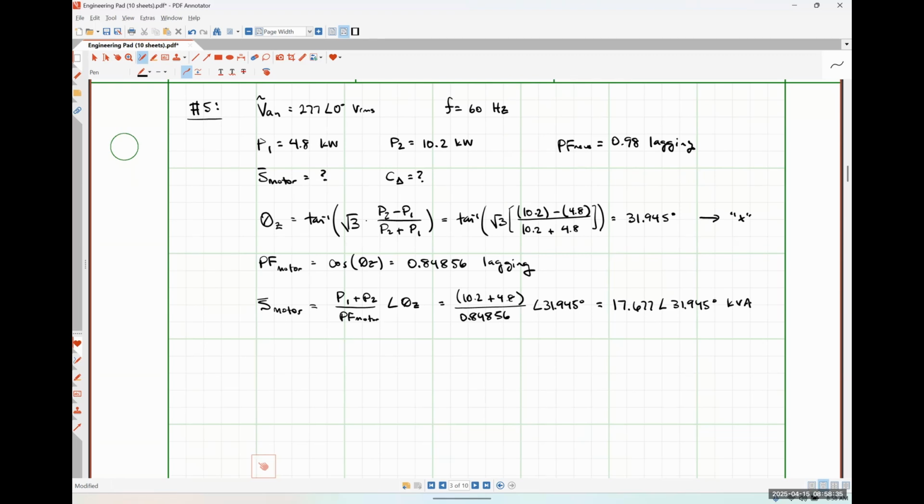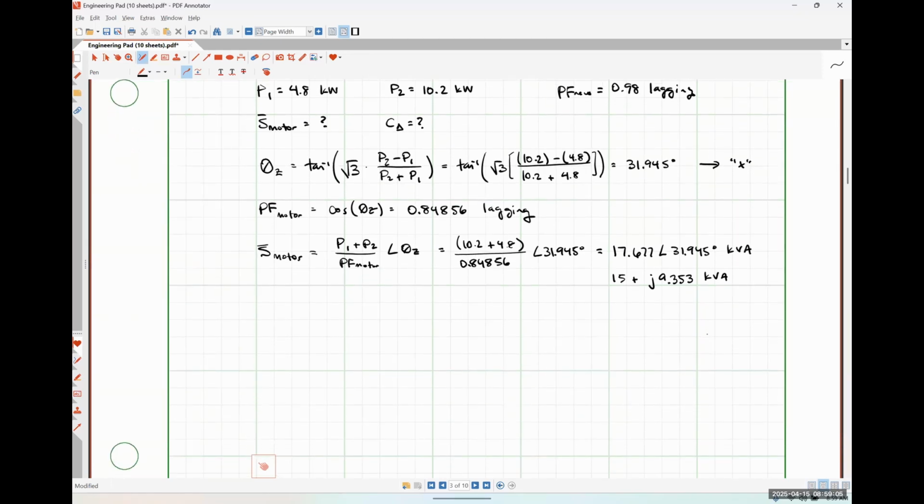And I'm going to express this in rectangular form as well. So that's going to look like 15 plus j9.353 kilovolt amperes in rectangular form. So we got our answer for S motor. Now we have to calculate C delta, right?